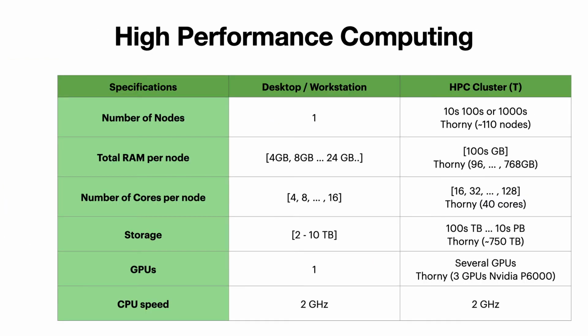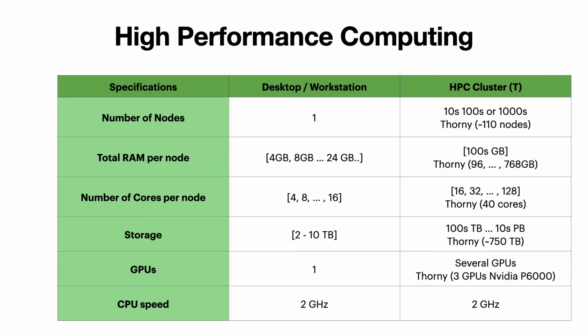So finally, let's put all this in perspective. Let's compare a cluster with your desktop machine or workstation, and in particular make reference to our newest cluster at WVU, Thorny Flat.